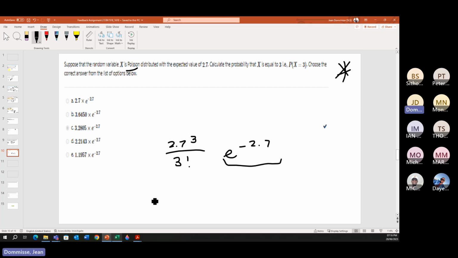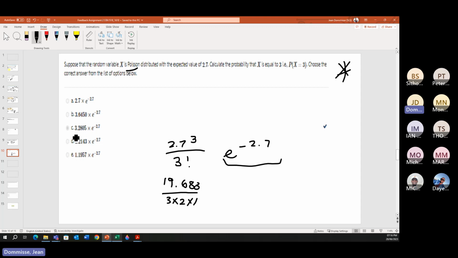So now we will unfortunately need to use a calculator. So 2.7 to the power of 3 gives us something like 19.683. And then 3 factorial means 3 times 2 times 1, so basically 19.683 divided by 6.